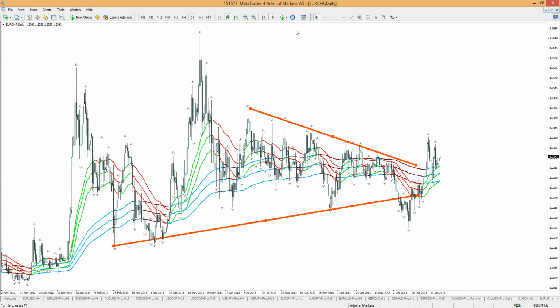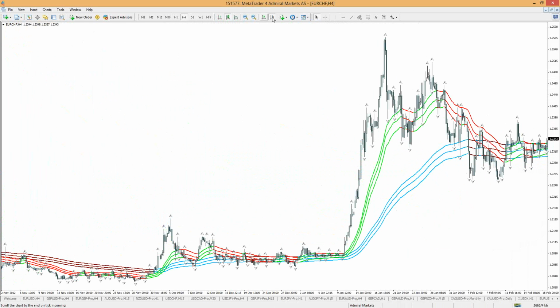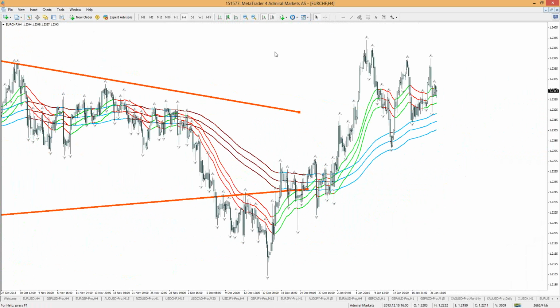Let's see. Sorry about that. Okay. Now we're breaking to the upside and getting some consolidation here. So let's zoom into the 4-hour chart. Definitely prices above the moving averages, but it's quite choppy as well, as you can see.